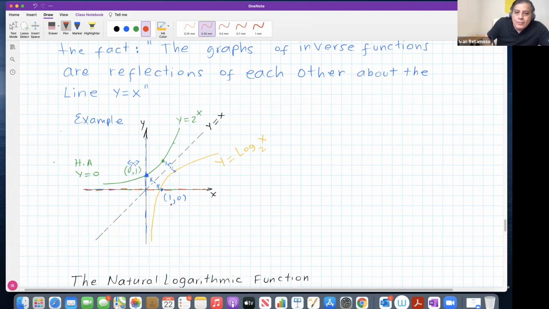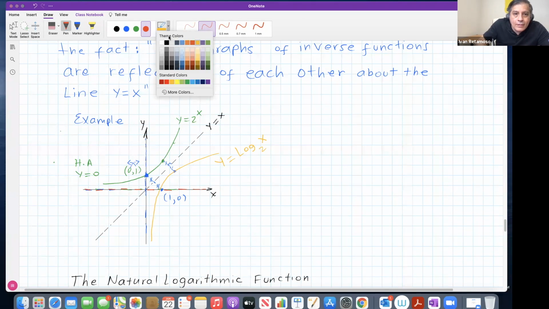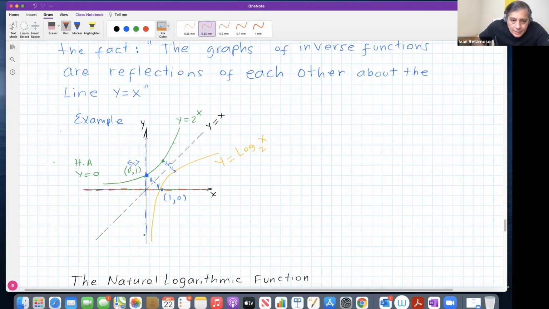For y equals log base 2 of x, this horizontal asymptote, given the reflection about the line y equals x, will become a vertical asymptote. So let's use a different color here, this orange. This will be a vertical asymptote.